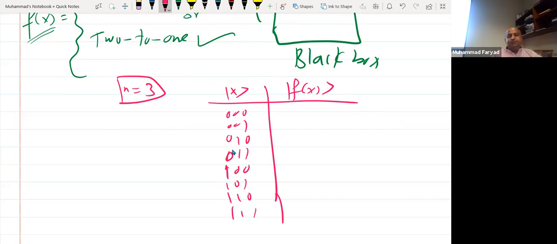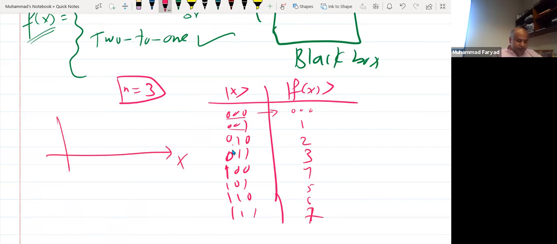So these are 8 possibilities. A one-to-one function will map each one of these to a different output. For example, if it is a linear function, it can map 0 to 0, 1 to 1, 2 to 2, 3 to 3, 4 to 4, 5 to 5, 6 to 6, and 7 to 7. And if I plot it, it's going to be something like this.